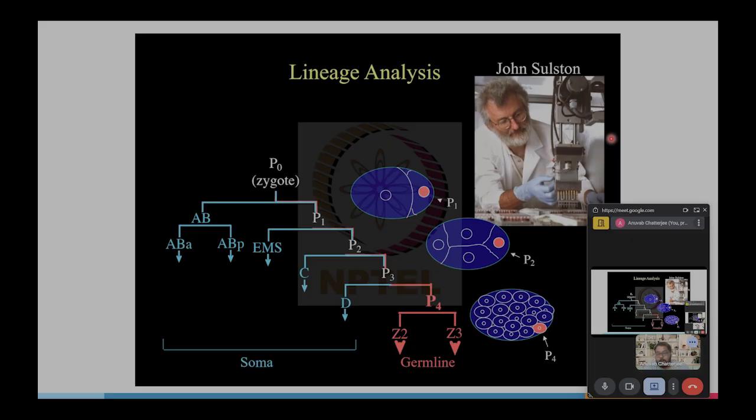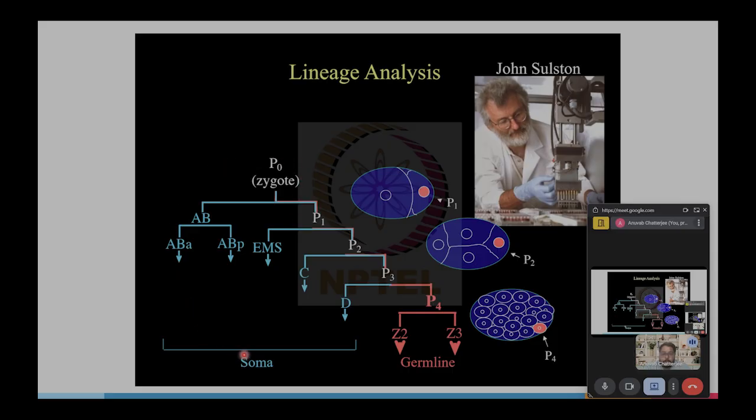So always all the cells divide the same way in all organisms. So it is not like ours where the number of cells is not absolutely certain throughout development. But in C. elegans, it is always known what number of cells will be there at what stage.